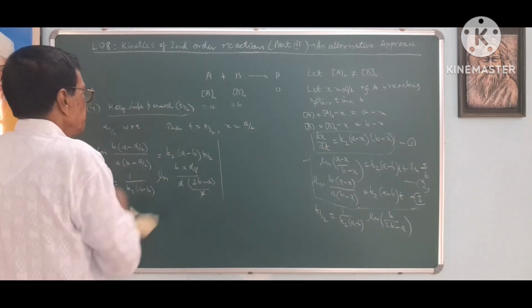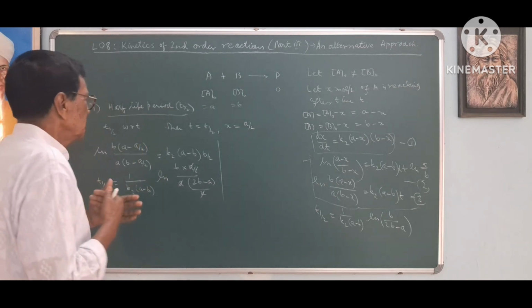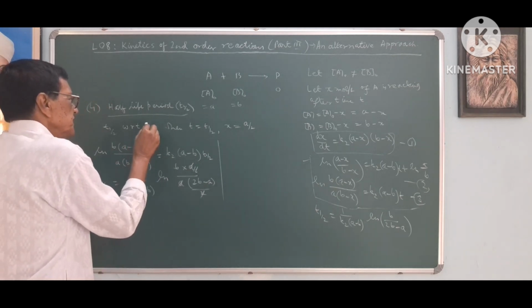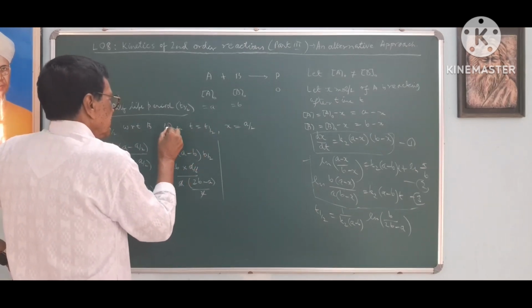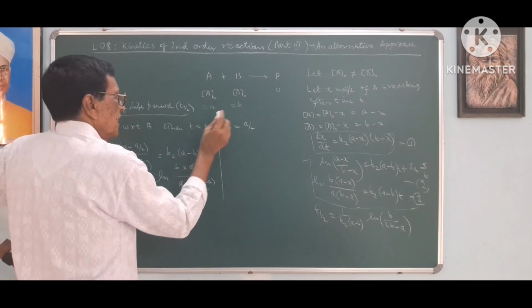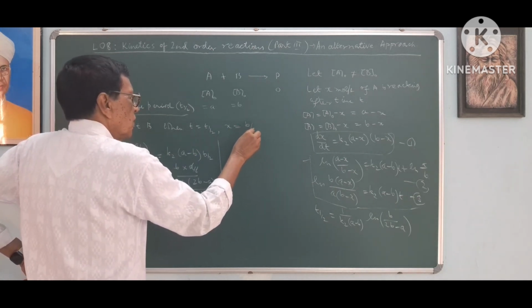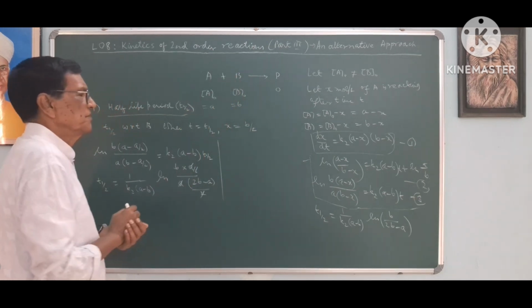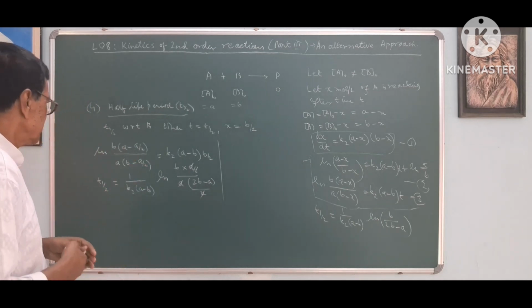Similarly, whenever we try to calculate the half-life period with respect to B, then when t equals t half, X equals B by 2, or half of this reactant B is depleted by this reaction.